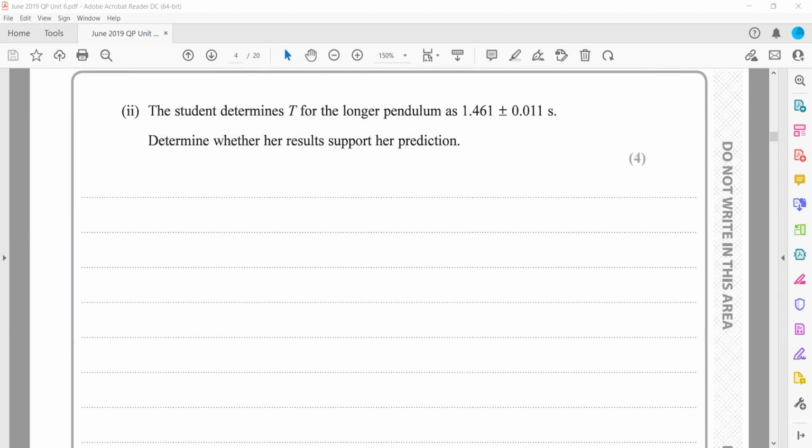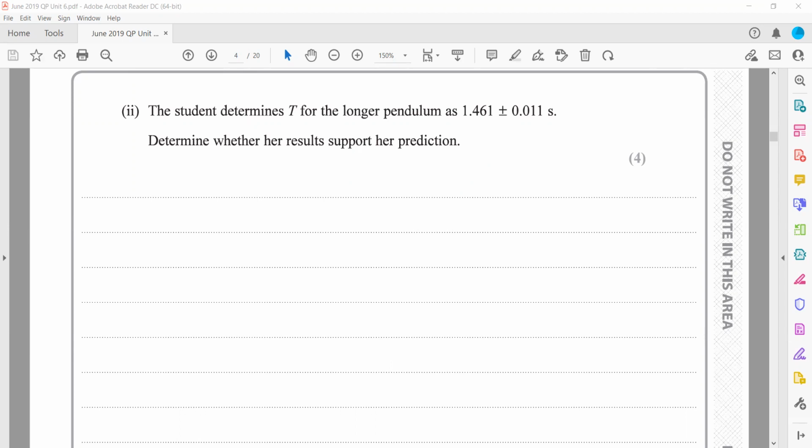So whenever you want to identify whether the results are correct, we can compare the percentage uncertainty with the percentage difference. That is one way.